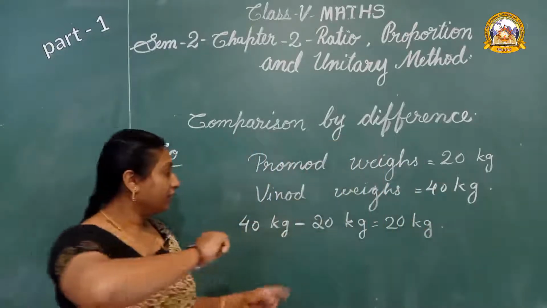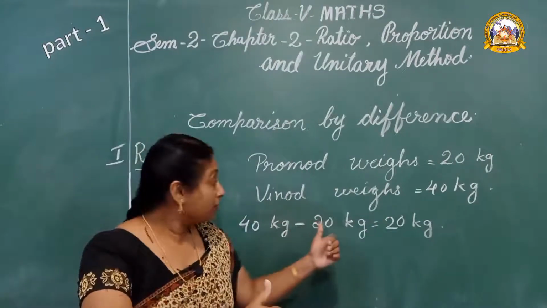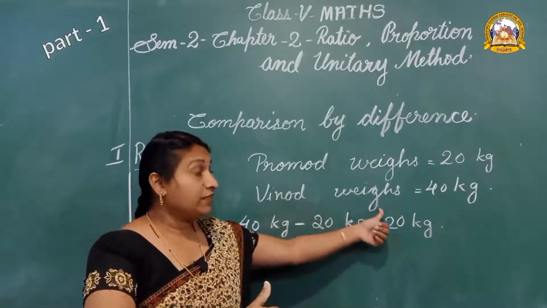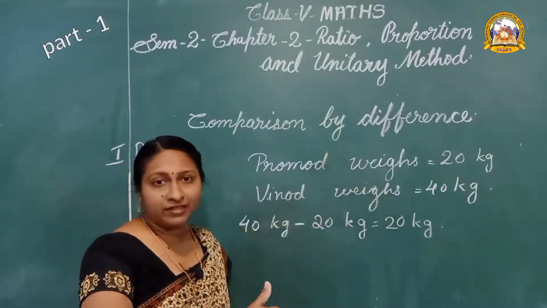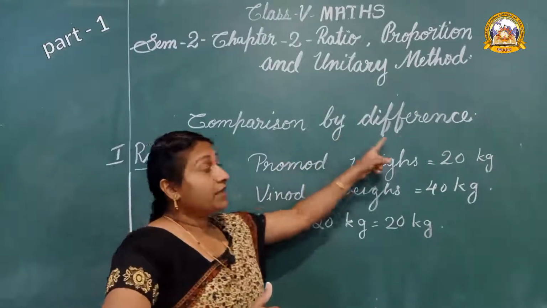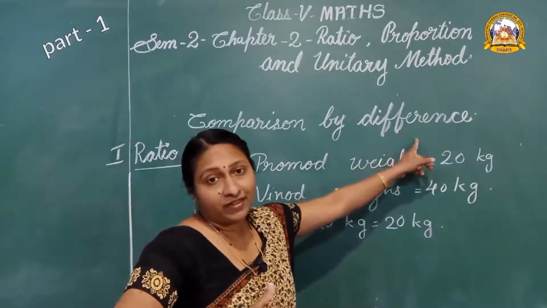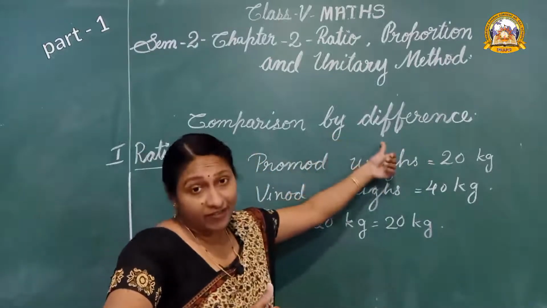Okay. Here we can see whose weight is more. Vinod's weight is 20 kilogram more than Pramod's weight, isn't it? It is called the comparison by difference, isn't it? Comparison by difference.